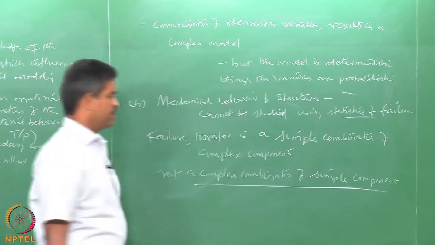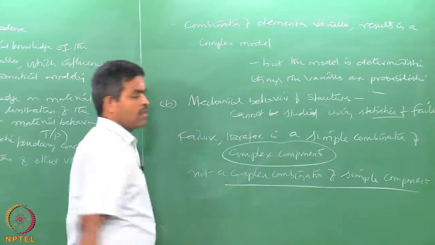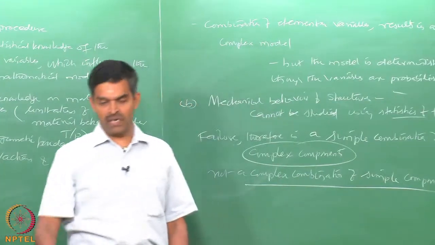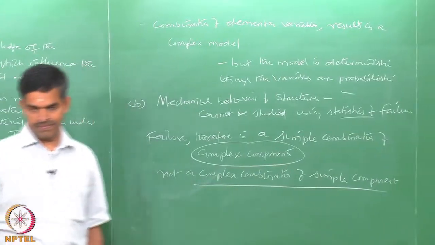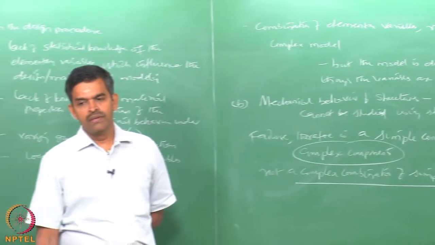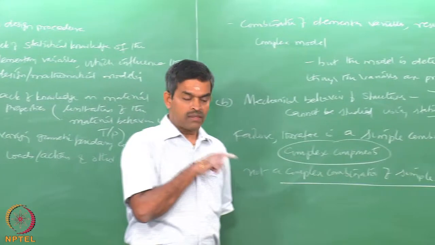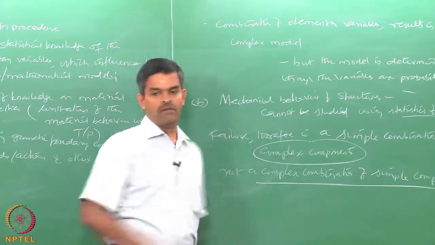So, what does it mean? Since the components are complex, reliability done at the component level is far better than reliability done at the structural or system level, because the complexities essentially arise from the component level and they get simply combined to form confusion or failure.